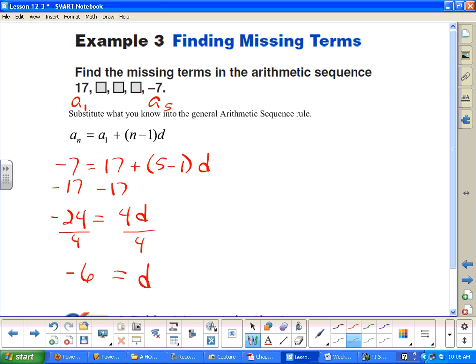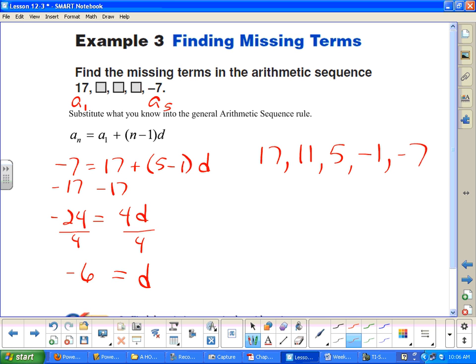So my missing terms would be 11, 5, negative 1, to get to negative 7. Now, let me ask you this. Let's go back to lines for a second. What would be another name for d? Slope, right? It's the rate of change.